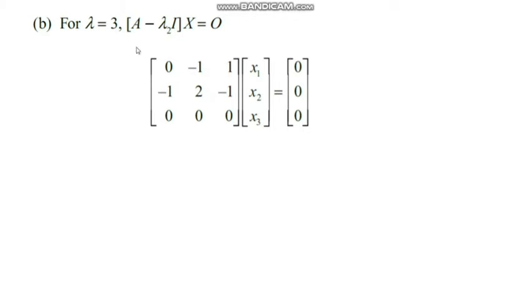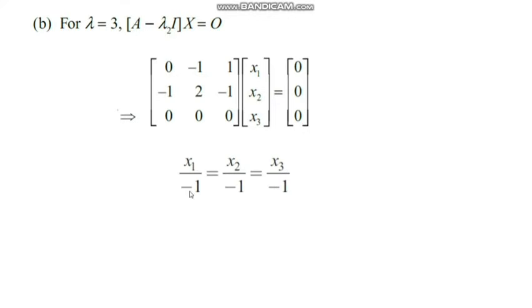When we substitute lambda as 3 in the characteristic matrix, we obtain this homogeneous system. To get x1, x2, x3, one can observe that the last row is a zero row. So when we expand along these two rows, we may get zero vectors. A zero vector never becomes an eigenvector, so you can expand along its third row.